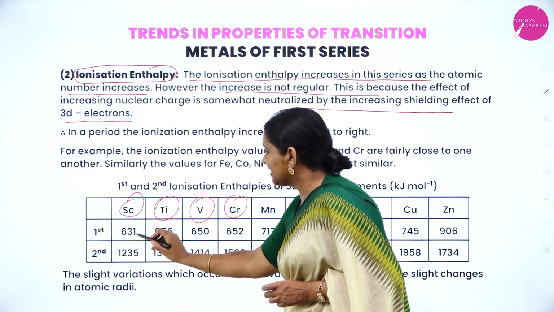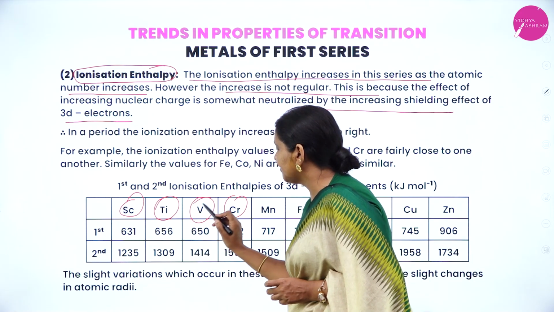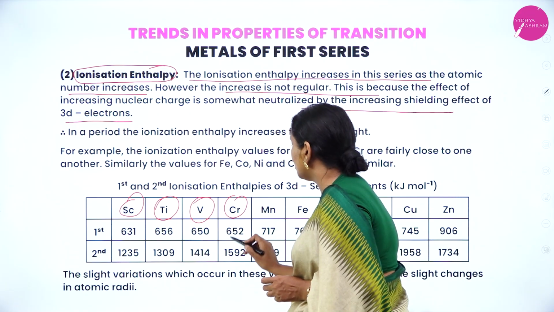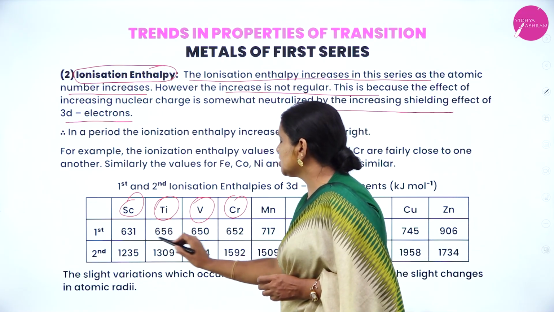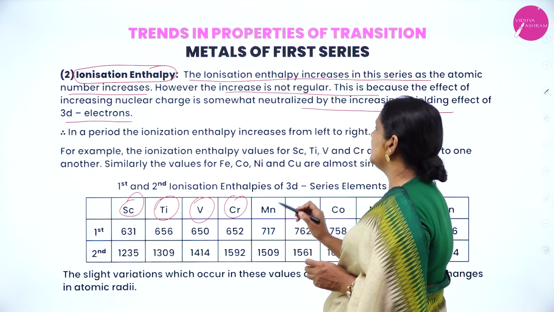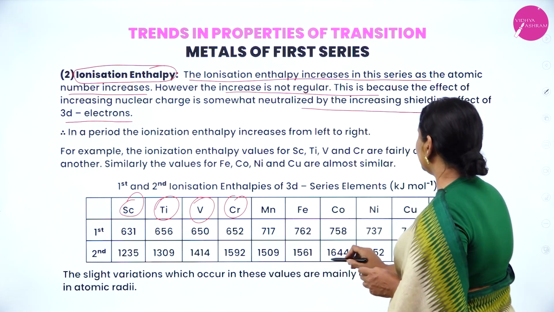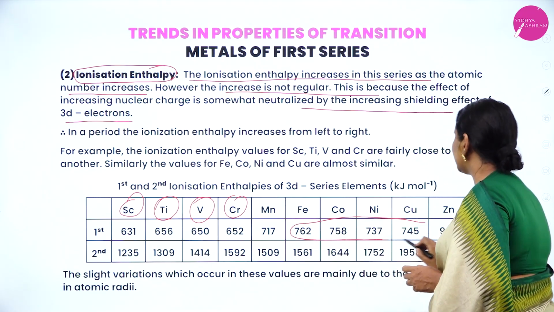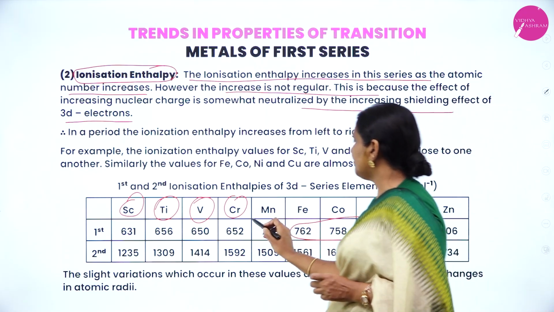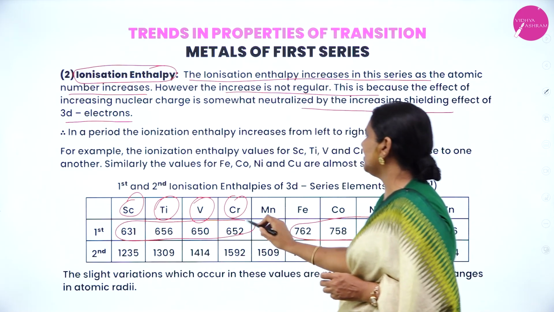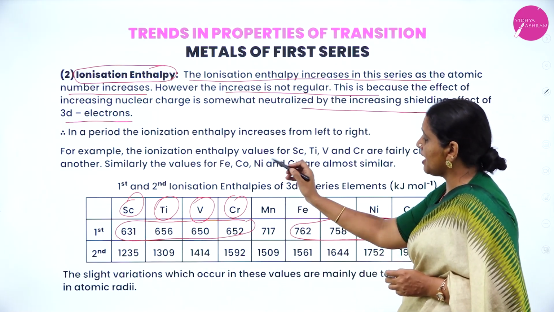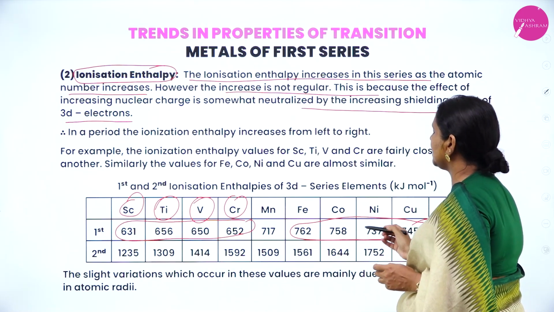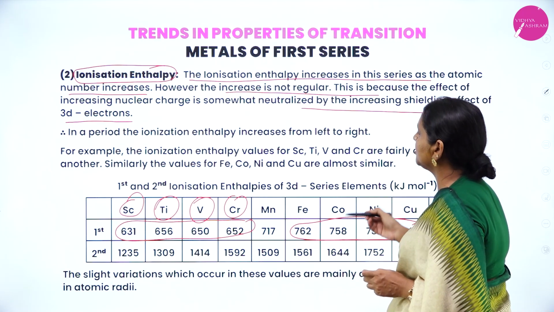Observe here: scandium is 631, titanium is 656, vanadium is 650, chromium is 652. They are almost all the same. Similarly, iron, cobalt, nickel, copper are also almost the same. So the first four metals have almost the same ionization enthalpy, and the next four metals also.